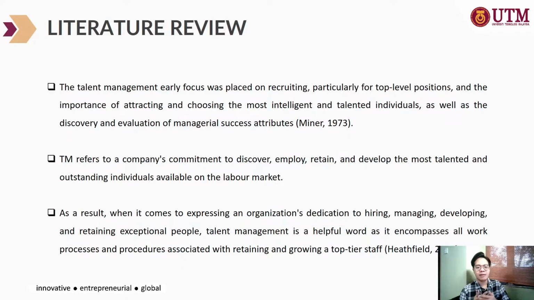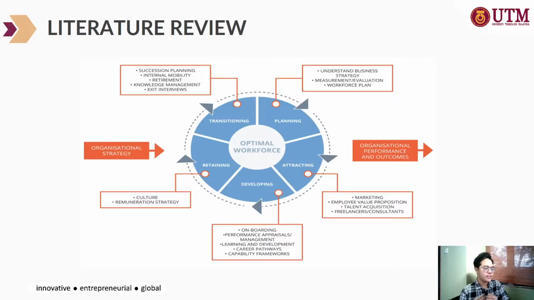As a result, when it comes to expressing an organization's dedication to hiring, managing, developing and retaining exceptional people, talent management is a helpful term as it encompasses all work processes and procedures associated with retaining and growing a top-tier staff, by Hatfield 2021. This is the diagram for the phases of talent management, which consists of 5 phases: planning, attracting, developing, transitioning, and retaining.